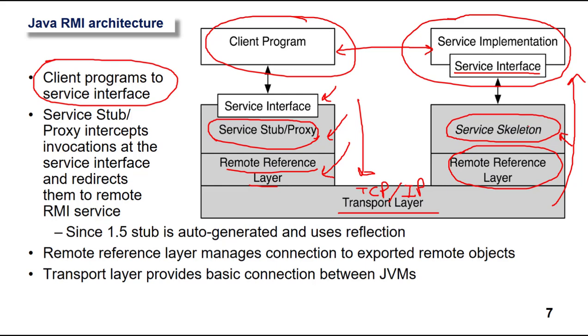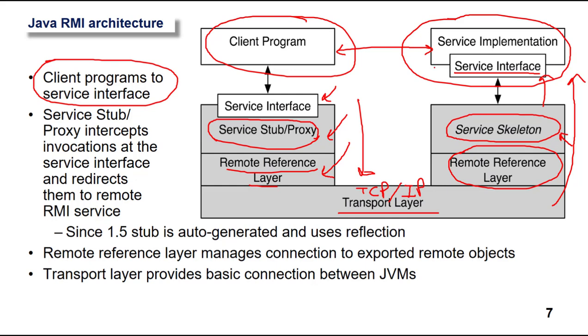The skeleton layer unpackages the message and converts it into a Java method call. That's intercepted by the Java virtual machine, and it calls the method that the client program wants to run and executes whatever the client wants executed. And if there is a return value to return, then the same process happens but in reverse.